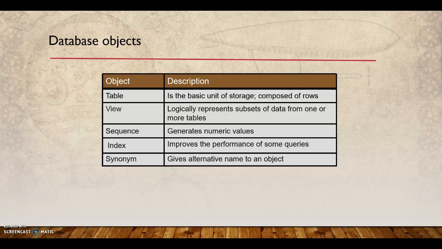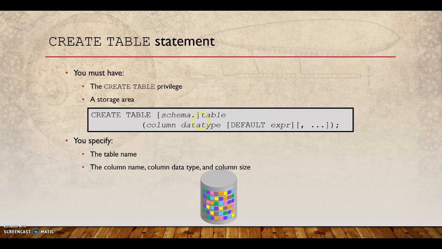Sequence, index, synonyms, many things. Even procedures are considered objects. If you are already into programming, you would have heard about procedures and functions. All are treated as objects in the database.